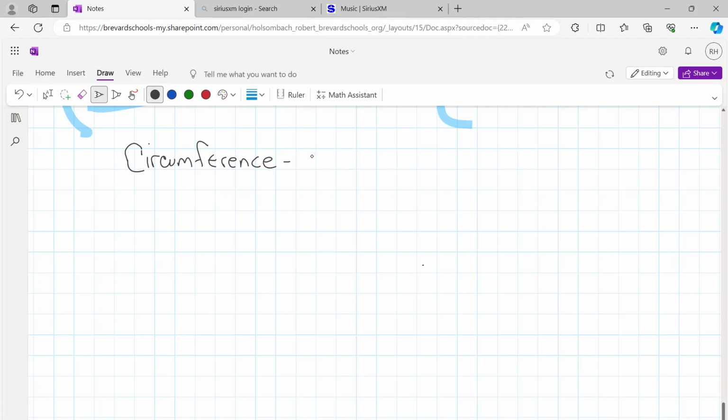And circumference is the distance around a circle. It's the distance around a circle.